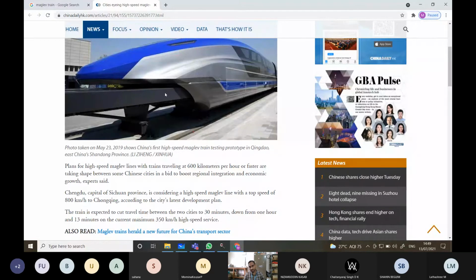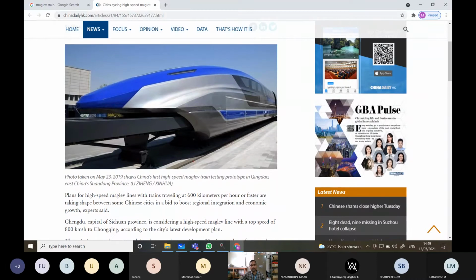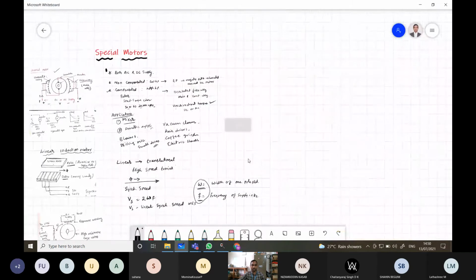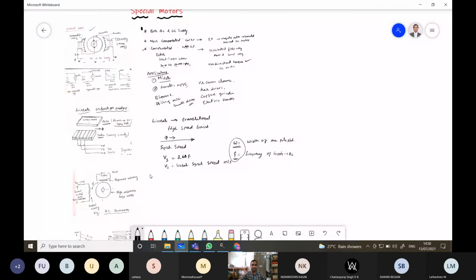These two do not touch each other. In between there is a magnetic flux, and that flux drags the train in one direction. This is the effect of magnetic levitation. These are used in other countries like China and Japan. So the linear induction motor principle is applicable to high speed trains.